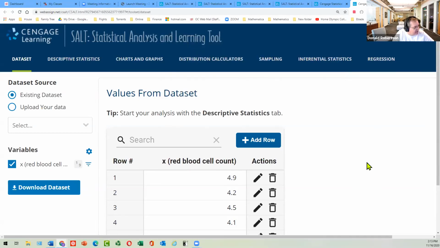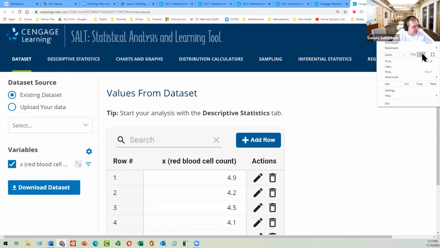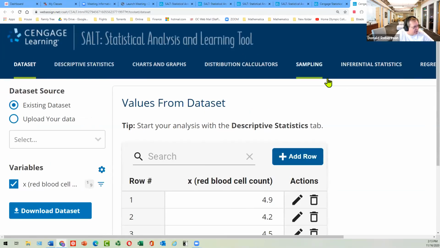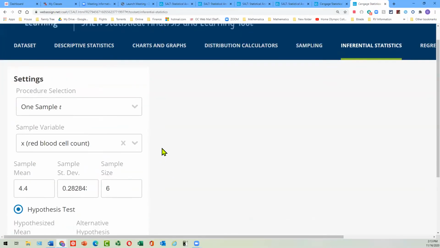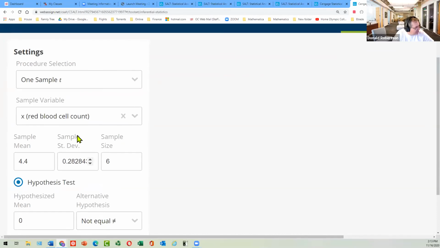Forget that for a while. Which one of these choices along the top is the one that I need to use? That one. Right. And let's put in the information. Oh, that is cool.